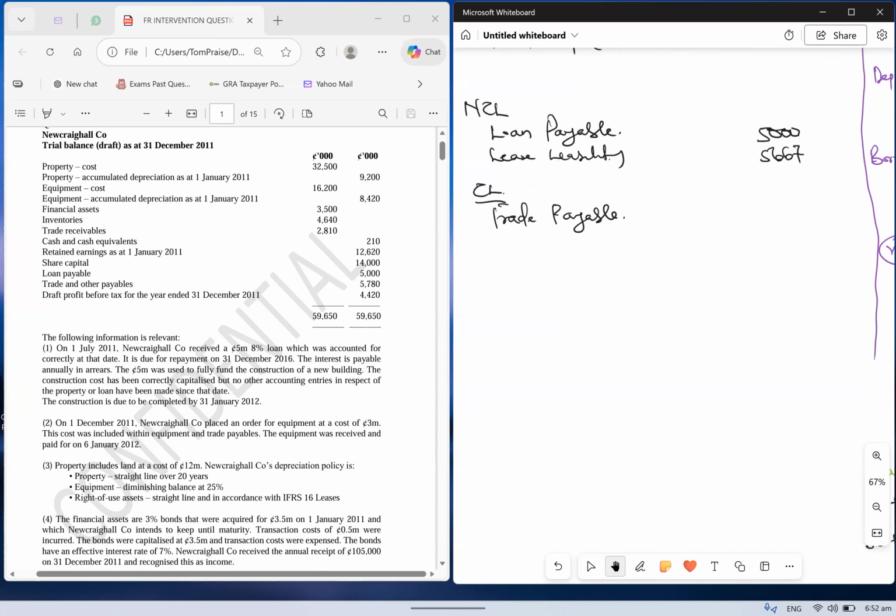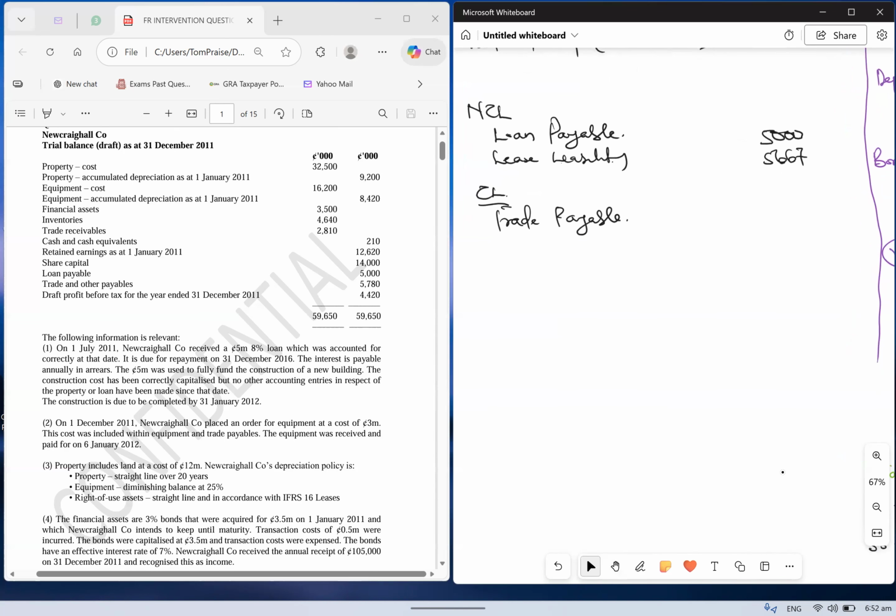Did you even do a workings on that? There was a 3 million they included. So let's do it here. The trade payable is 5,780 minus that 3,000, the contingent thing that they did. So that would give us 2,780.